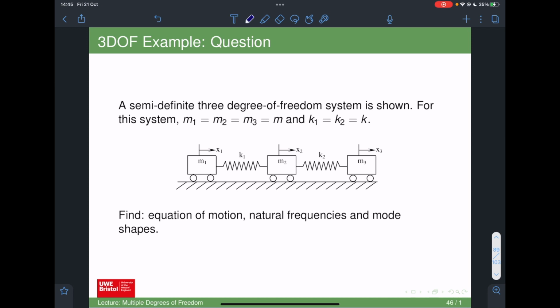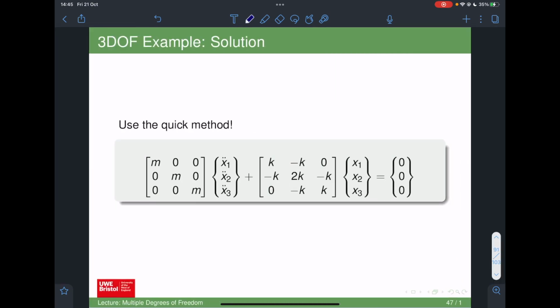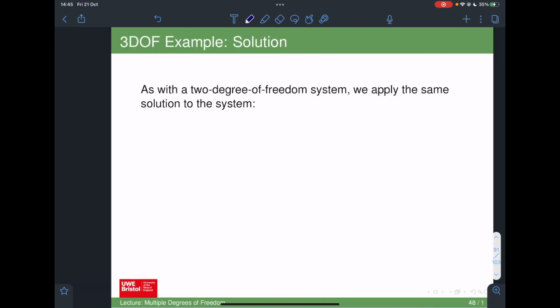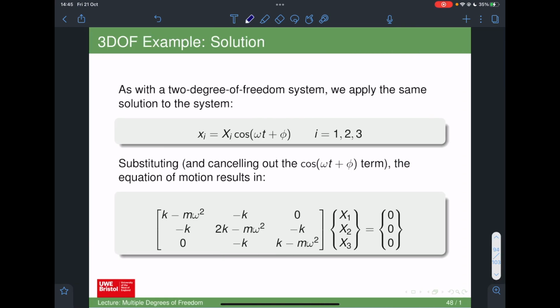So there's no spring connecting it to any fixed surface, and because of that, when you use the quick method to come up with your equations of motion, you've got a 3 by 3, and taking a determinant of a 3 by 3, you can follow a formula.